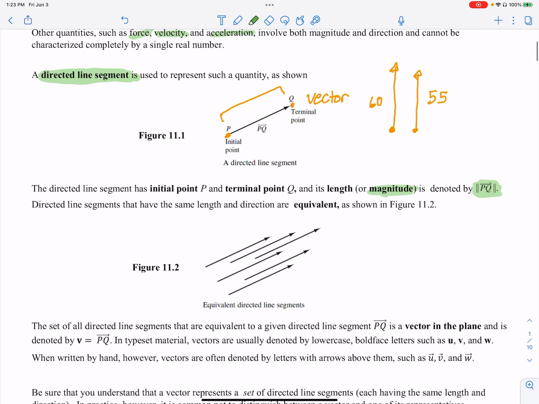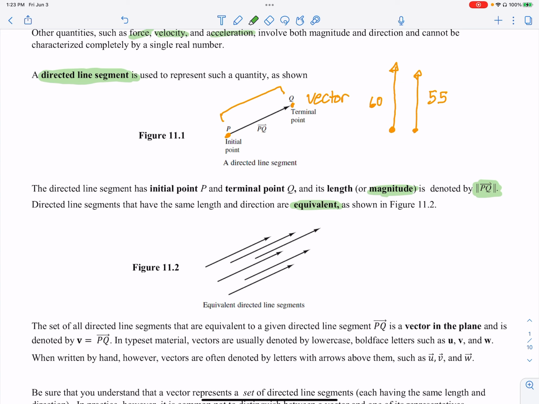Directed line segments or vectors that have the same length and direction are equivalent. Okay, I really want to push this into your brain, because this is something I struggled with when I was in Calc 3. Vectors do not have a position on the graph, like on the coordinate plane.